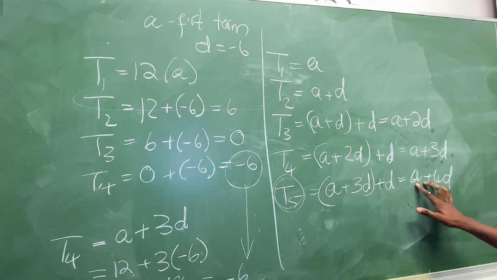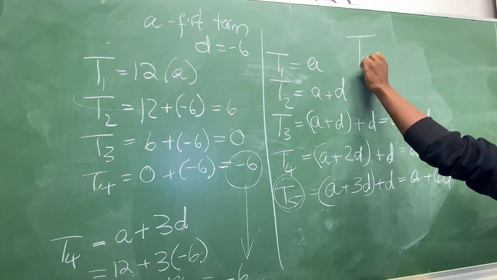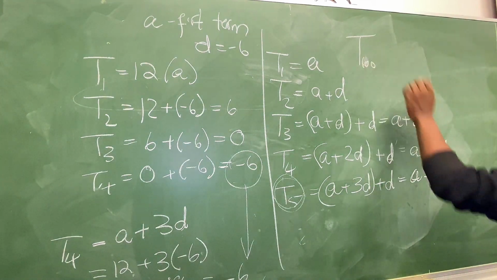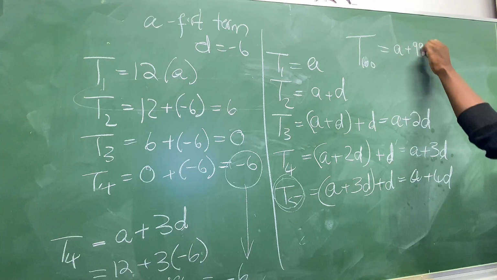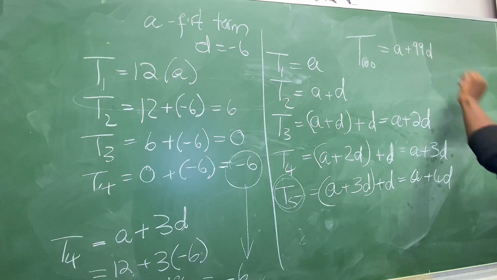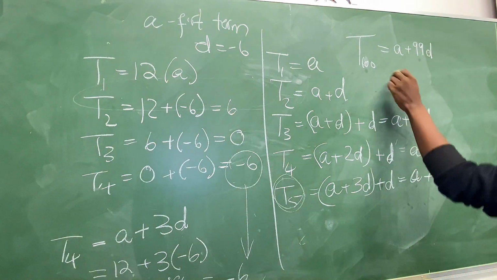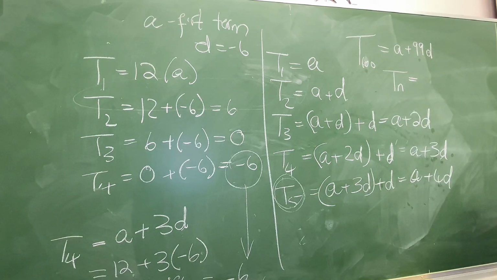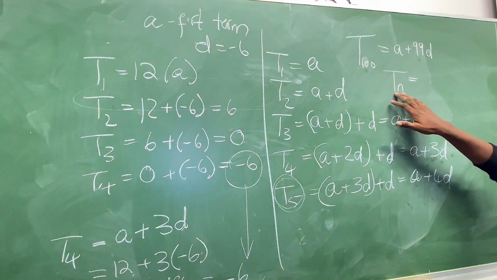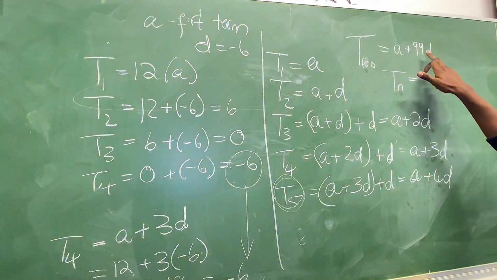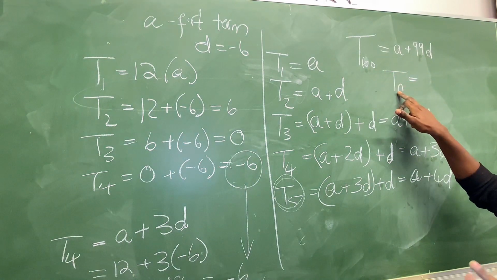So how do we know this so that we can use it even for term 100? In an arithmetic sequence, we know that term 100, you'll find it using A plus 99D, one less than the position of the term. But what about Tn? What about the nth term? We don't want to give it a numerical value, but we know that we want the nth term. So here we want to substitute the position with n, not an actual value.